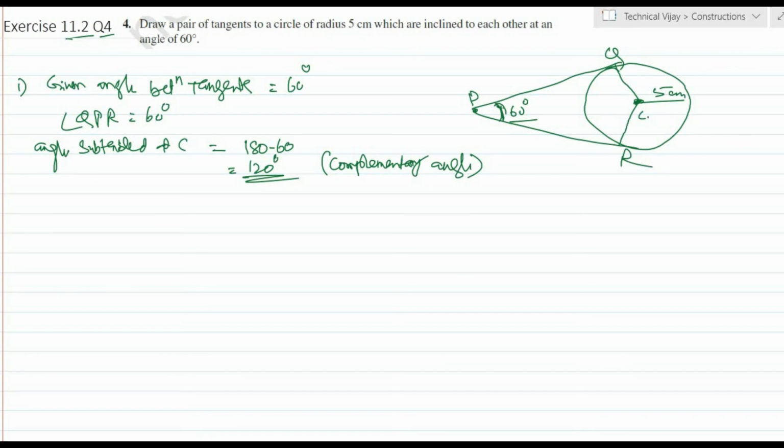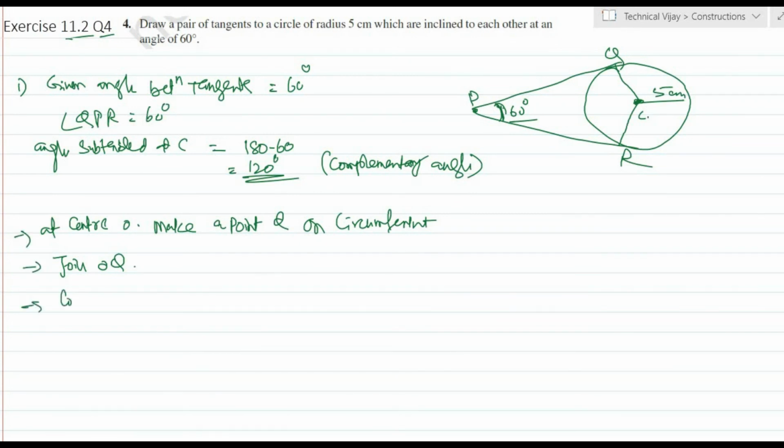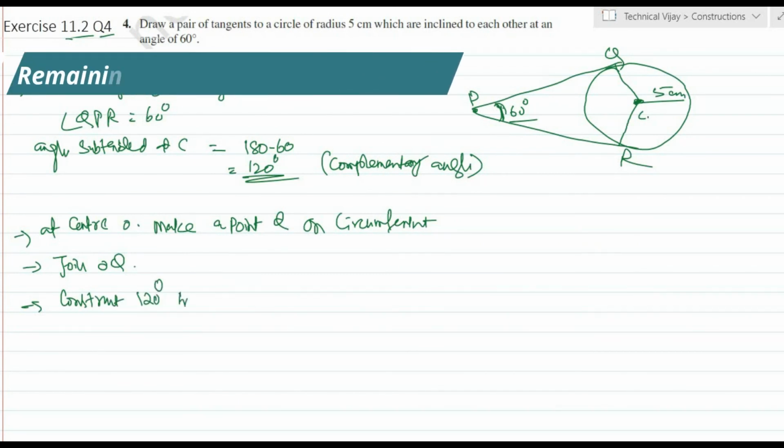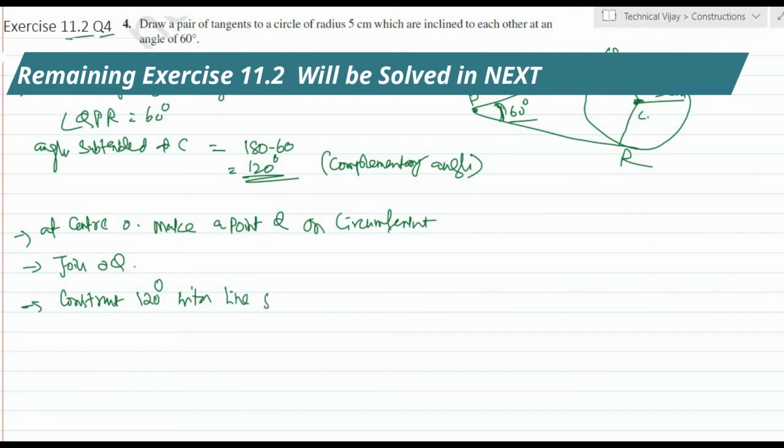So here at center O, make a point Q on the circumference and join OQ. Okay. After that, construct a 120 degree angle with line segment OQ.